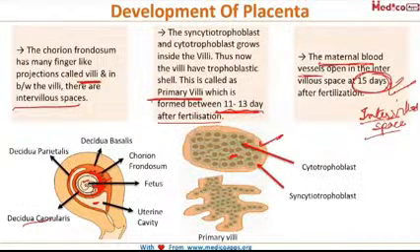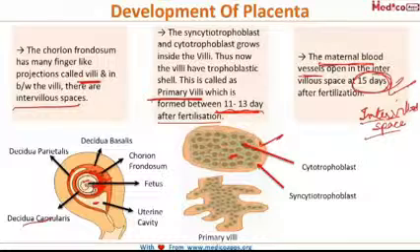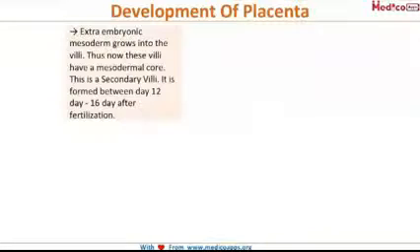And this is the picture for our primary villi, in which the Syncytiotrophoblast and the Cytotrophoblast grow inside the villi, and this occurs at 11 to 13 days of gestation. Now, between the 13th and the 16th day, the extra embryonic mesoderm grows inside these villi, and they now become the secondary villi.